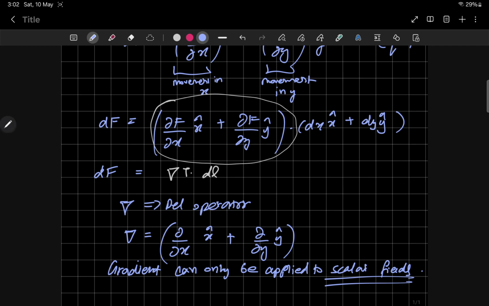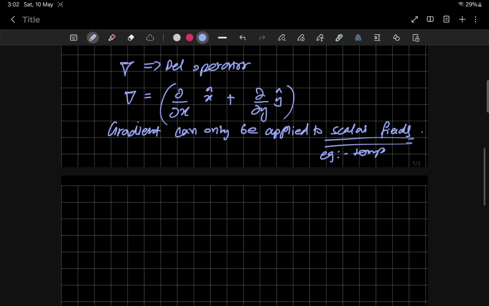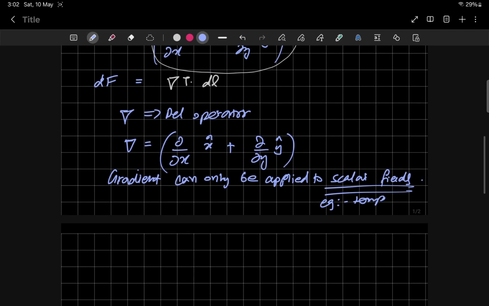Scalar fields can be such as temperature, and so on. So the temperature is a scalar field, and gradients can only be applied to a scalar field.